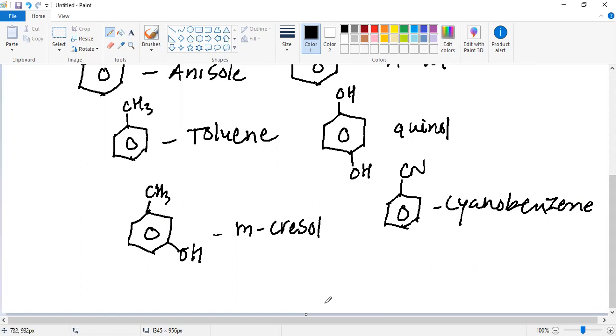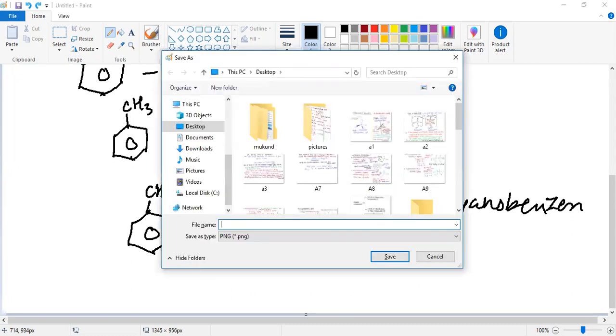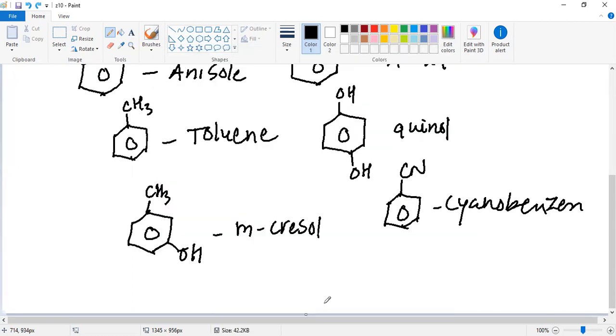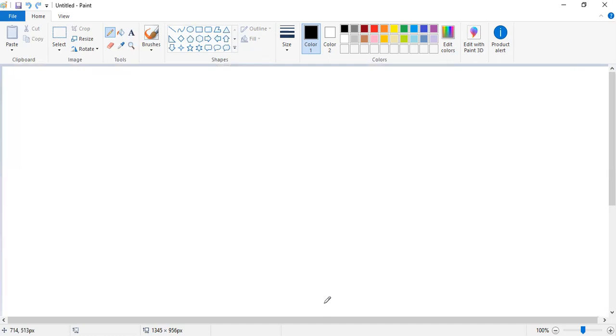Now let's move forward and understand the next type of nomenclature, which is known as IUPAC nomenclature. Now we know that there is an institution.